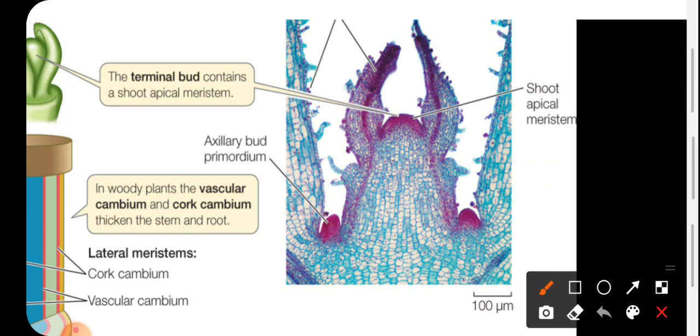In the tunica and the corpus, the initiation of leaf primordia occurs in a definite orderly sequence which is species specific. This orderly sequence determines the arrangement, or phyllotaxy, of leaves. So the sequence or arrangement of leaves on the stem axis is known as phyllotaxy.